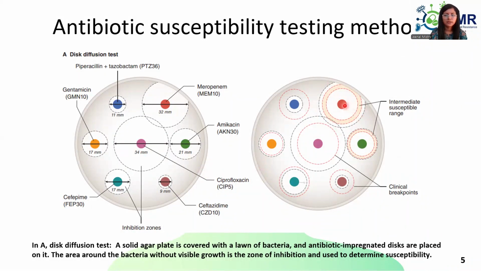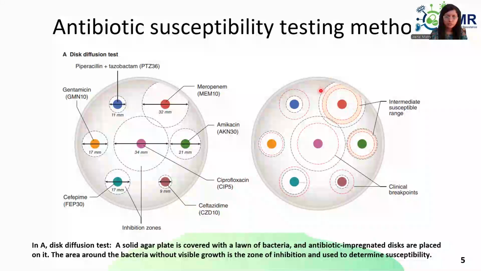Say this is the bacteria and this is the meropenem antibiotic disc. Within this range, the meropenem is susceptible to that particular pathogen. If the bacteria fall in this zone, they can have intermediate sensitivity or susceptibility to that antimicrobial for the particular microorganism.